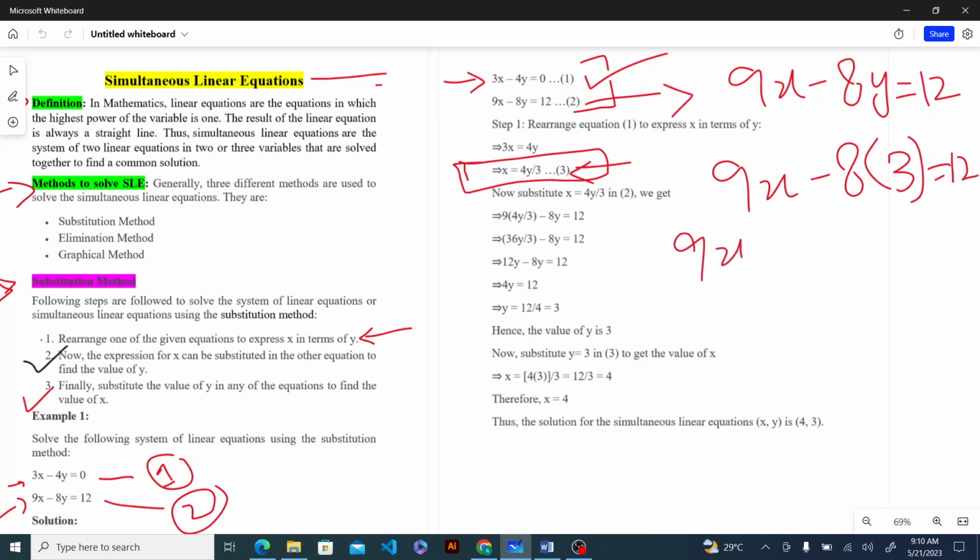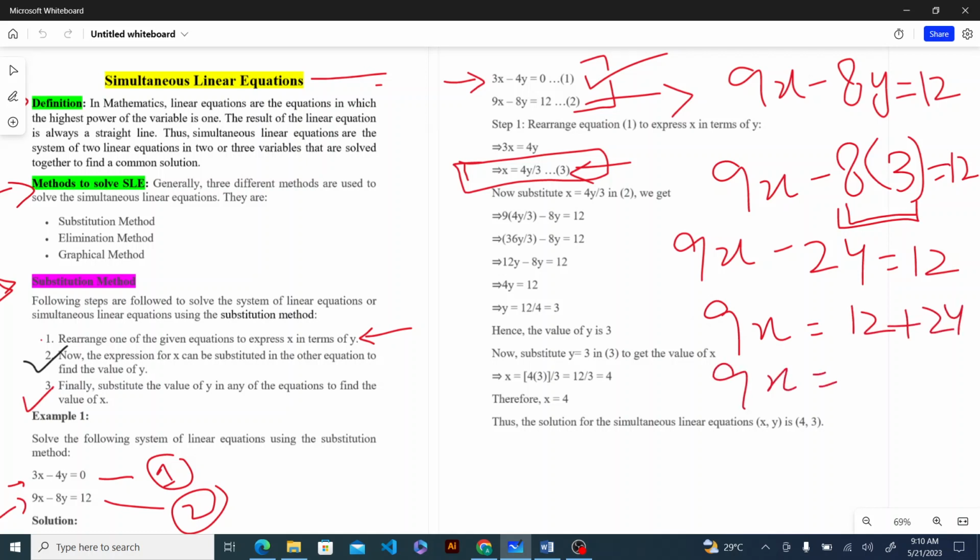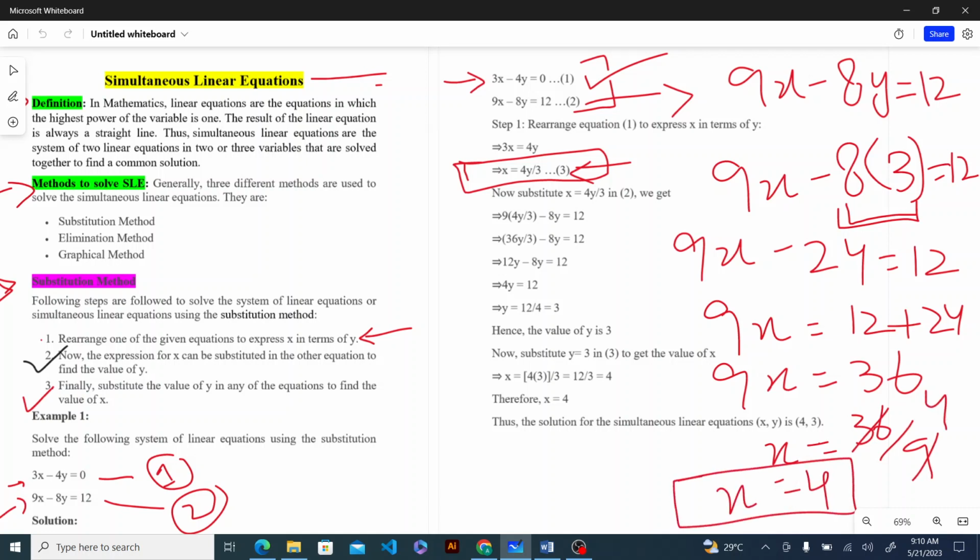Now 8 threes are 24, so 9x minus 24 is equal to 12. Now 12 plus 24, 9x will be equal to 36. Now x will be equal to 36 upon 9, and 9 fours are 36. So here again we have found the value of x, that is equal to 4.